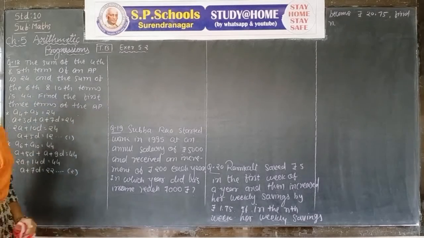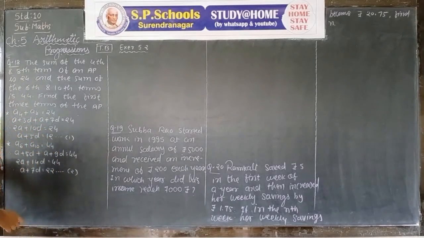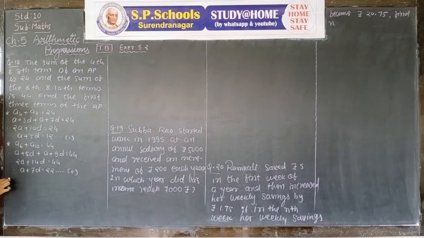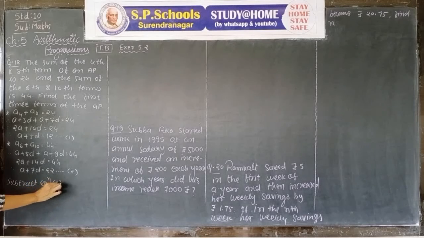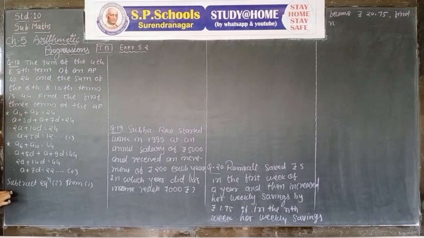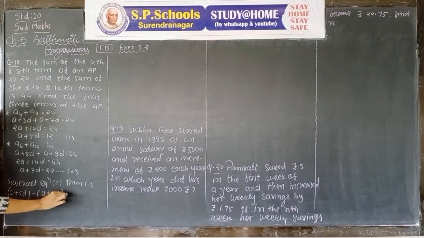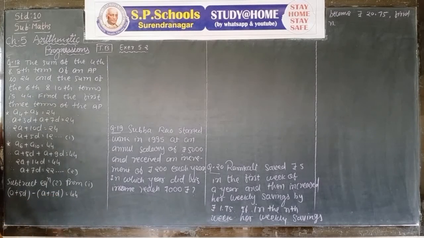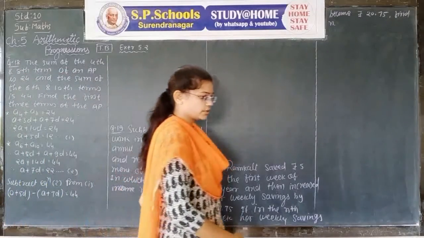To find the values of A and D, we first of all solve both the equations. Subtract these equations from each other. Subtract equation 2 from 1. A plus 5D minus A plus 7D is equal to 12.